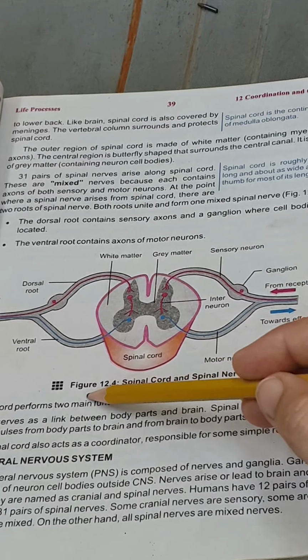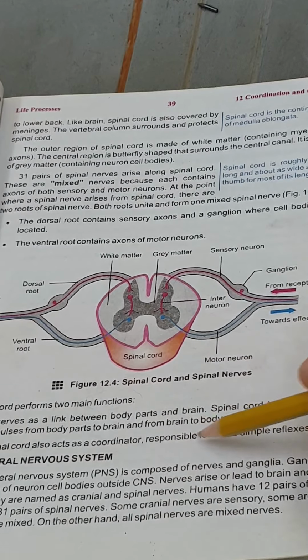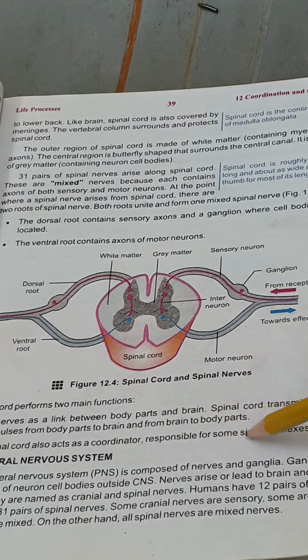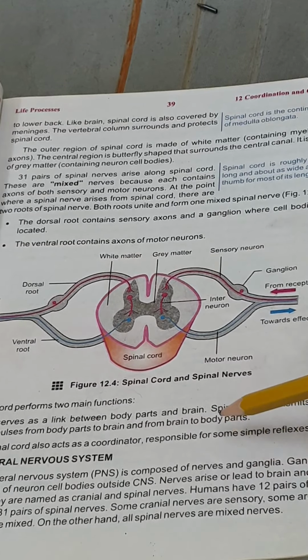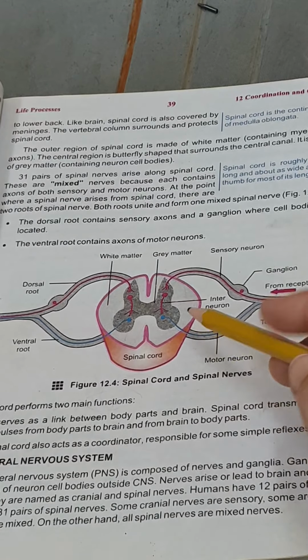Spinal cord function. What is the function of the spinal cord? One is reflex action: simple reflexes, the sudden actions which are done in our body, are performed by the spinal cord.